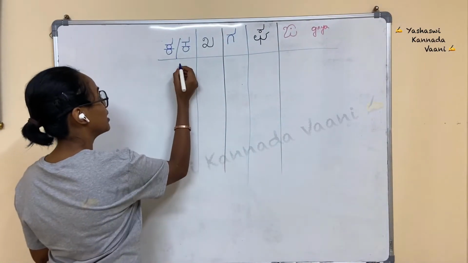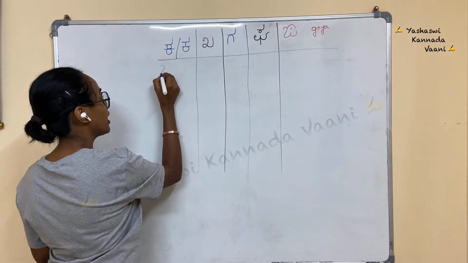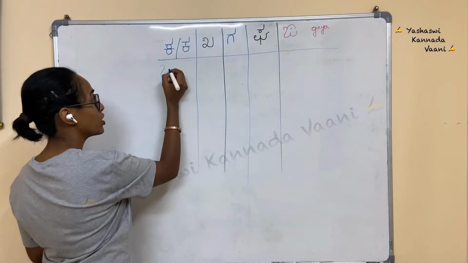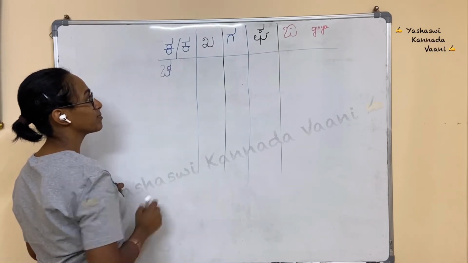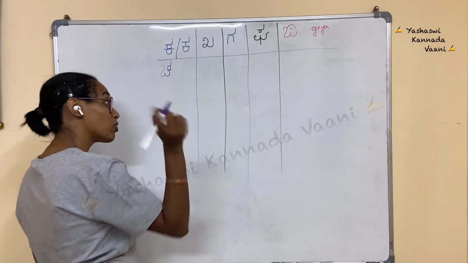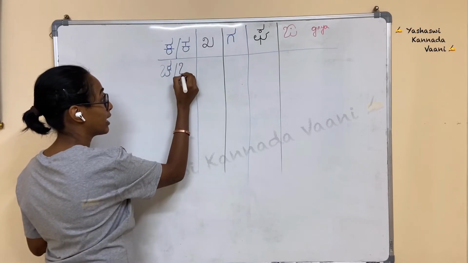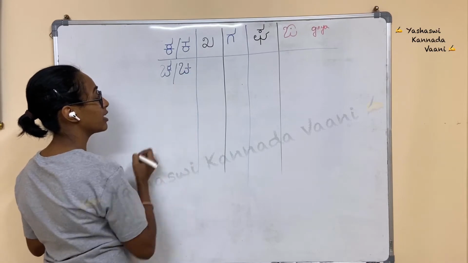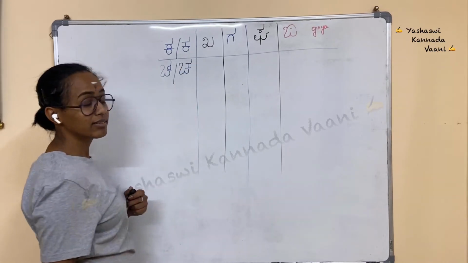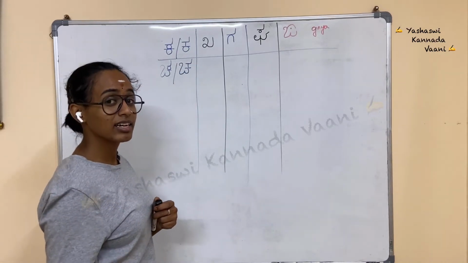Okay. Next we'll go for the Cha. So write like a O. Horizontal line. Circle. Tale. You can also write it one more way. Write like a O, horizontal line, vertical line, Tale. Clear? Cha.